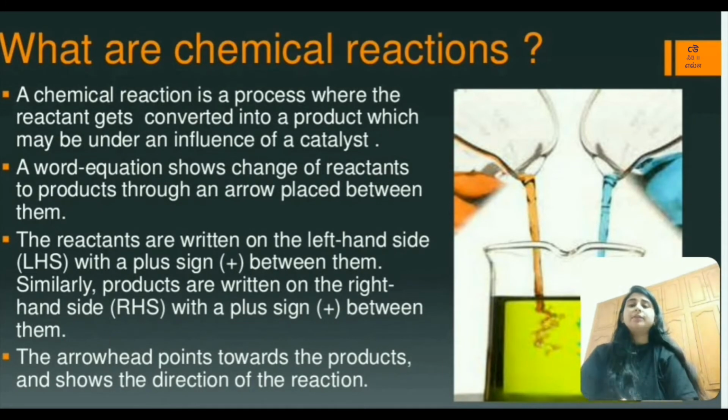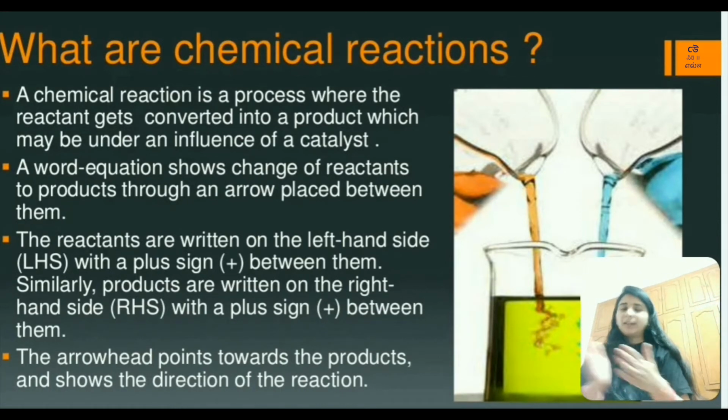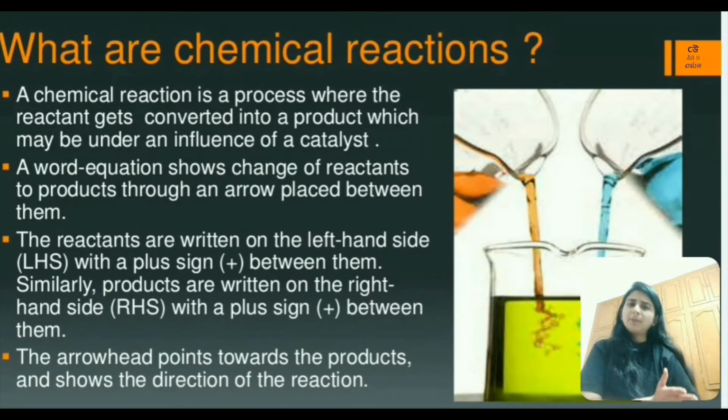Now students, if we talk about how we can divide chemical reactions, these are basically of two types. One is called a word equation, and the second one is called a symbol equation. As the name says, a word equation means we'll be using words to say what the reactants are and how they are going to combine together to form a substance which is called a product.